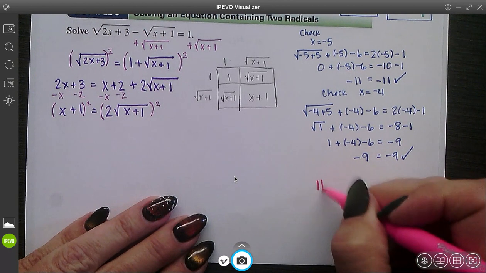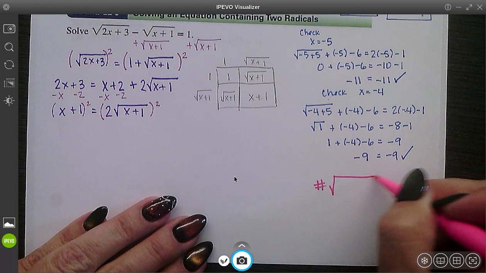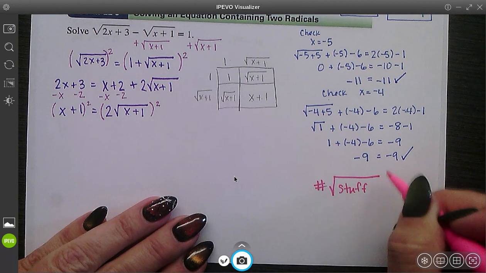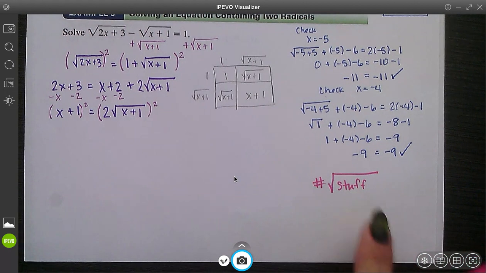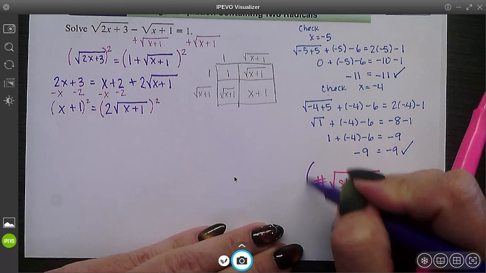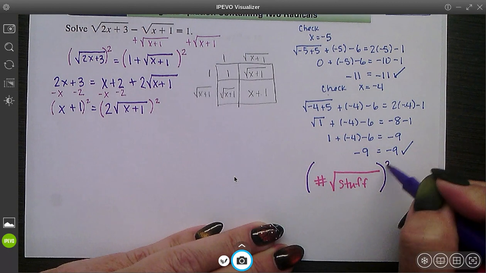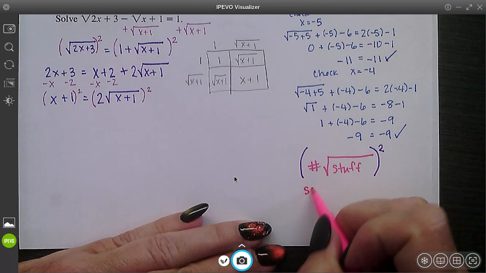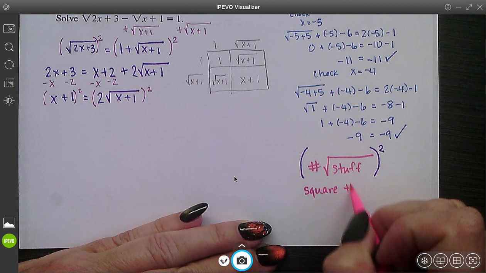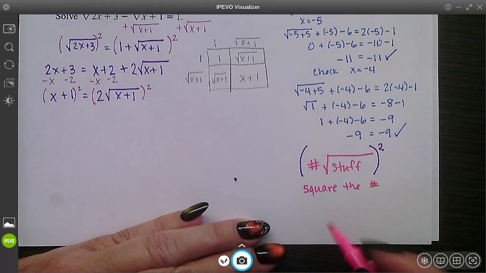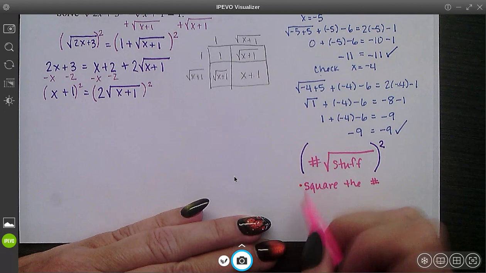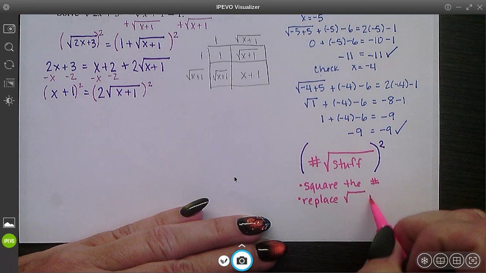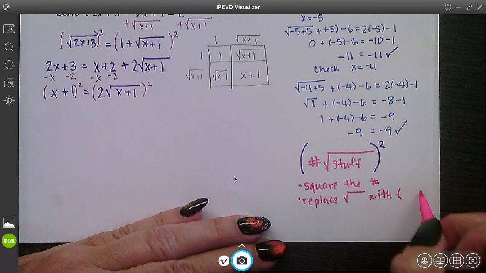If I have a number in front of a square root with stuff inside the square root, and I square both sides, then what I'm going to do is square the number and replace the square root with a set of parentheses.